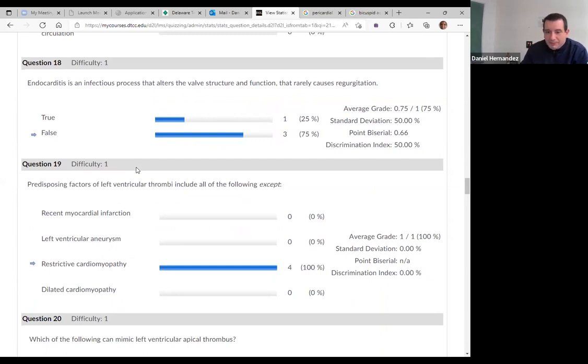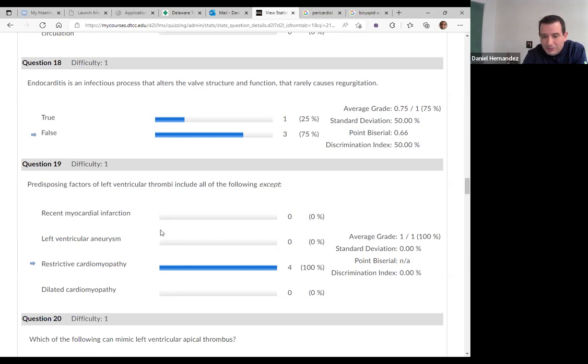Predisposing factors of left ventricular thrombi include all the following except. So we want things that are going to either cause dilatation of the LV and reduced LV function, systolic function.